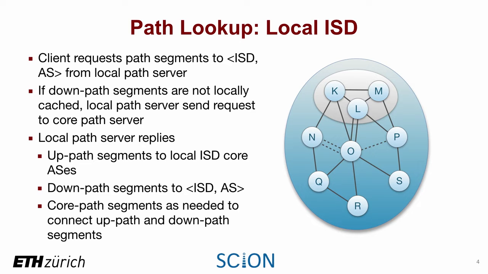And if the down segments of AS S are not locally stored, the local path server then sends the requests to the core path server and fetches the required down segments.